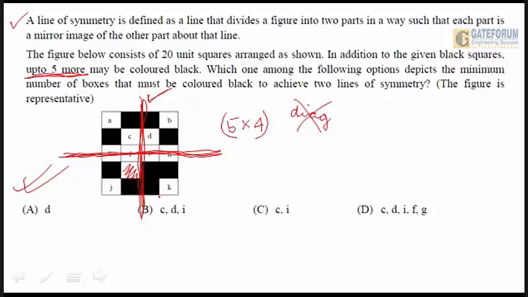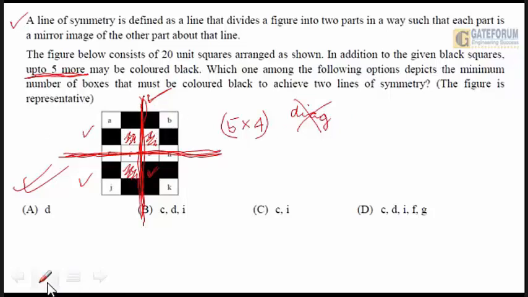In that case, to make these two sides symmetrical, this must also be colored black. Now, had these three been colored black, this way also it was symmetrical, because these two were black and this was made black to be symmetrical to this. So I would say that the minimum possibility is this one and this one.